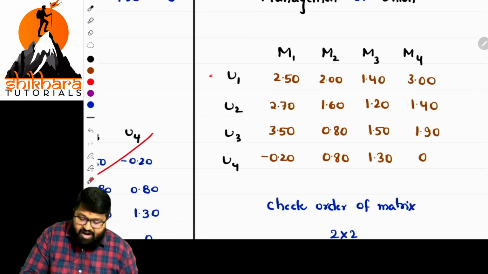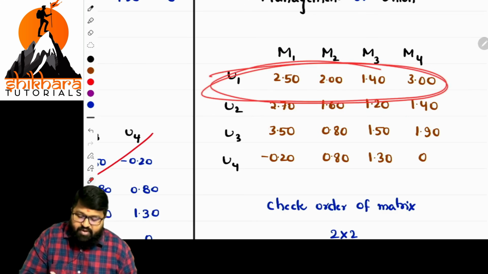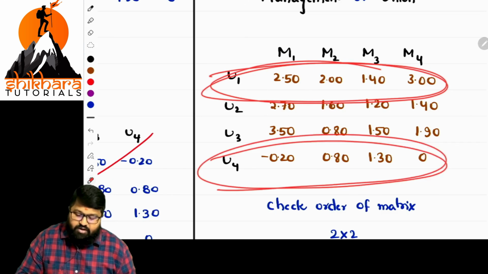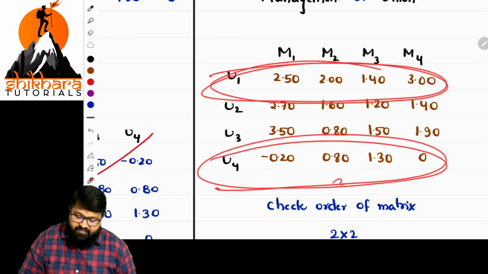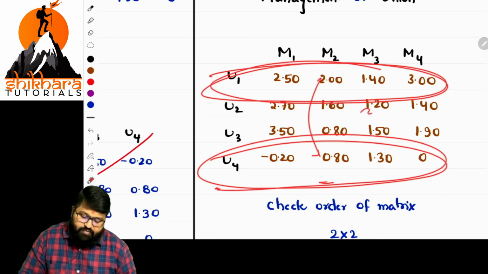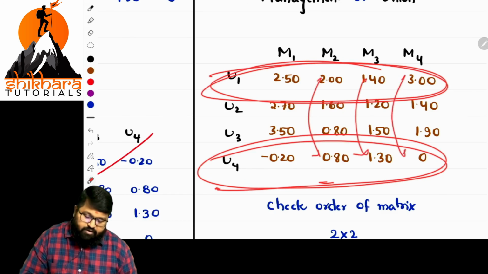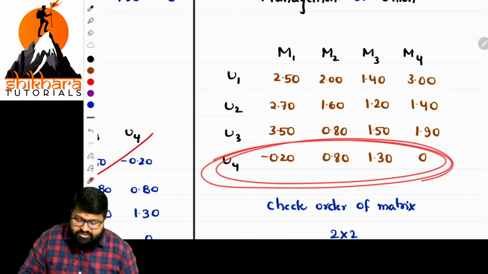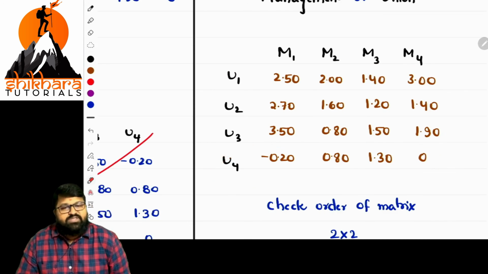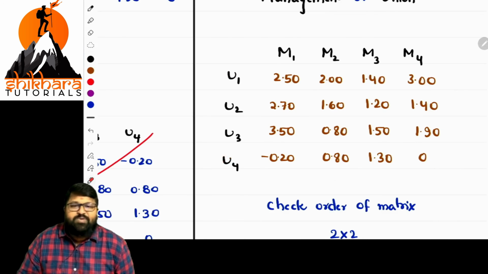But by comparing u1 with u4, what is a better alternative? Here 2.5 is more than -0.20, and even 2 is more, 1.4 is more, 3.3 is more. So this is the least row. Will the union accept this? No. So it should be eliminated.